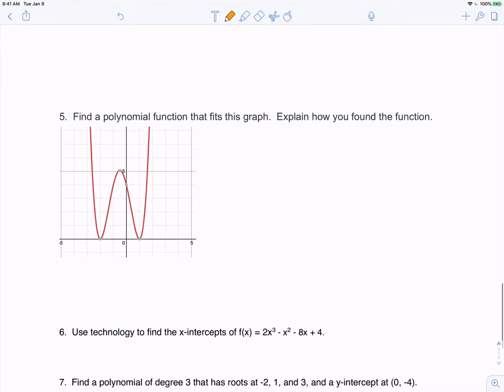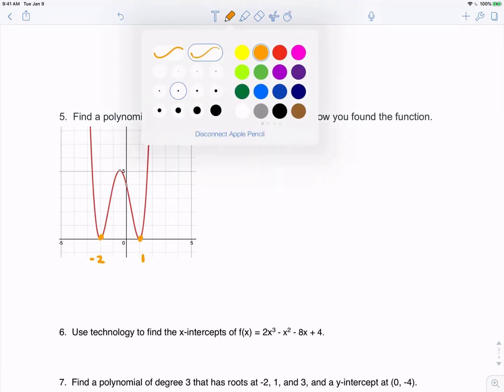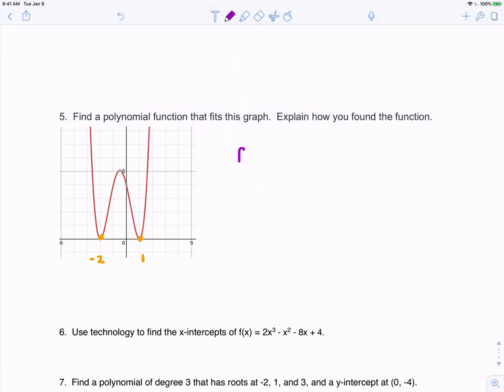Okay. Find a polynomial function that fits this graph and explain how you found the function. So in this function, we can clearly see what the roots are. So the roots are negative 2 and positive 1. So since we know that those are the roots, we can start building the function. f of x is going to have x plus 2 as a factor and x minus 1 as a factor.